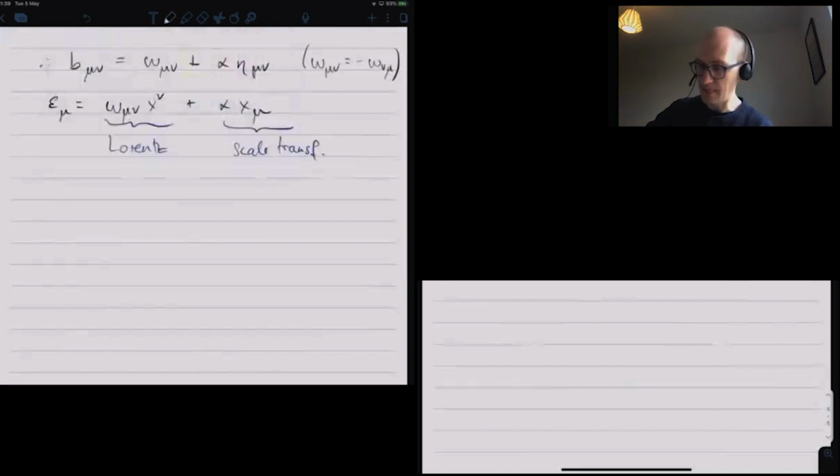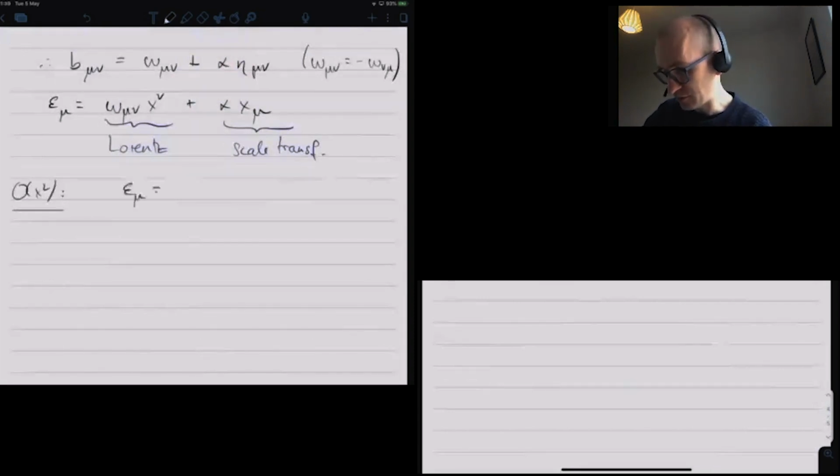And now the last one is order x squared. Here we have epsilon mu equal to c mu nu sigma x nu x sigma.